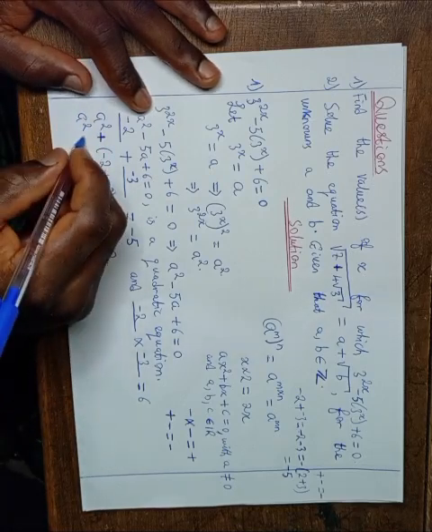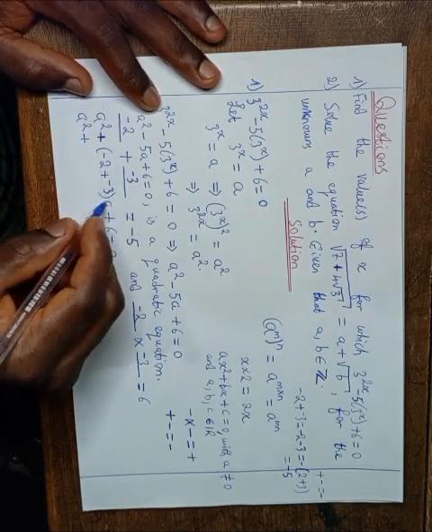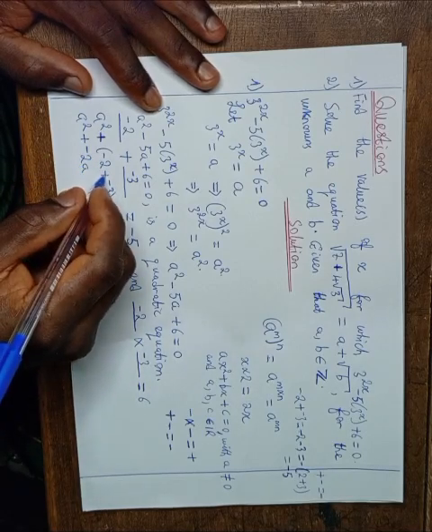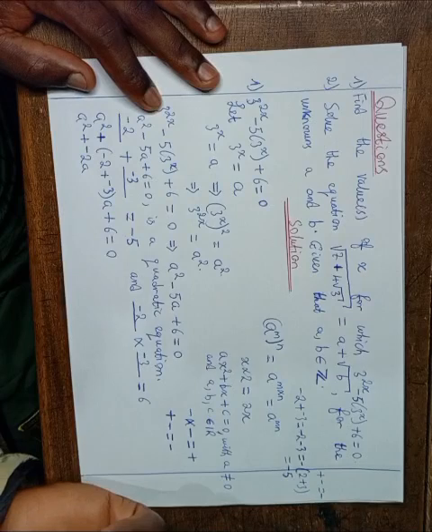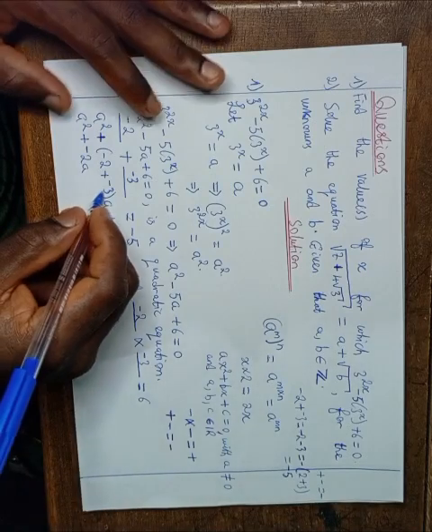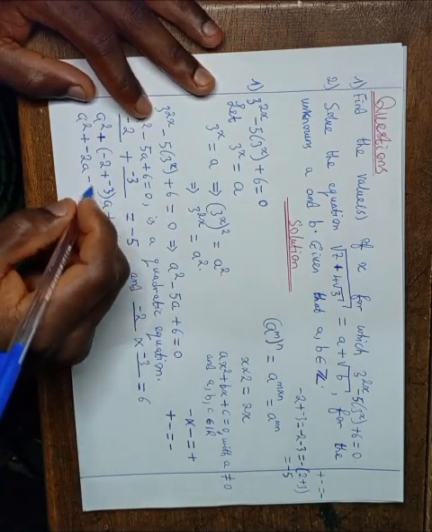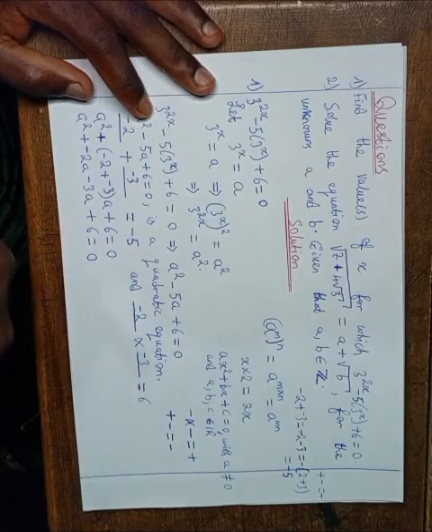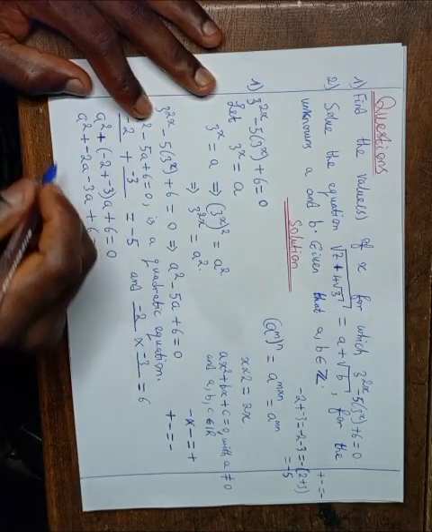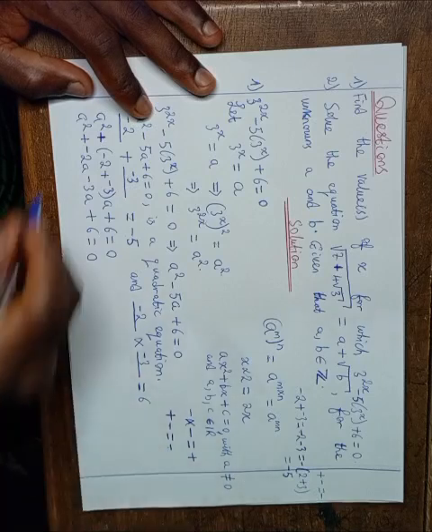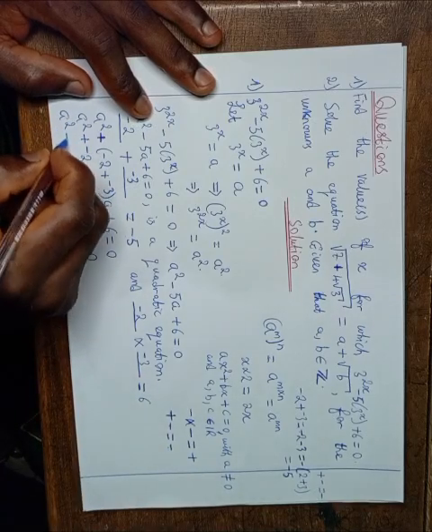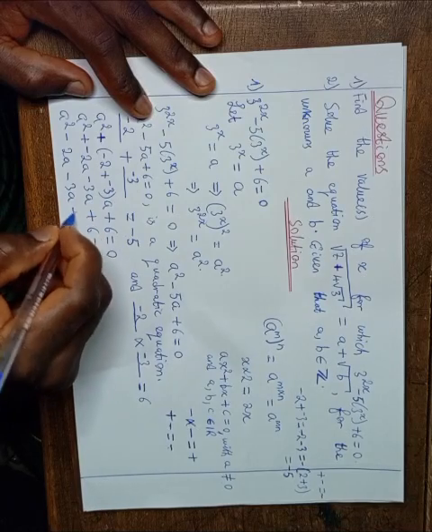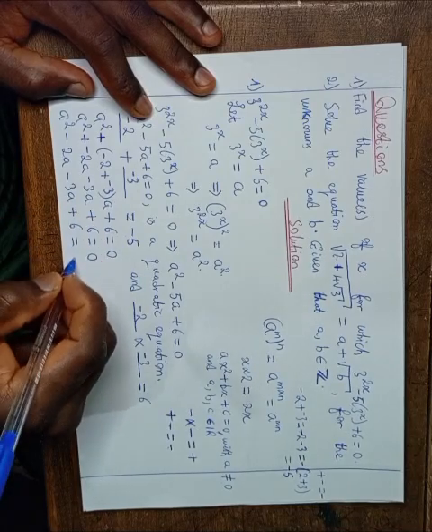Next, we have to expand this bracket: plus -2 times a gives us -2a. Then here, positive and negative, the resulting sign will be negative. So this will give us -3 times a, which is -3a, plus 6 is equal to 0. Negative will stay. So this will give us a squared minus 2a minus 3a plus 6 is equal to 0.